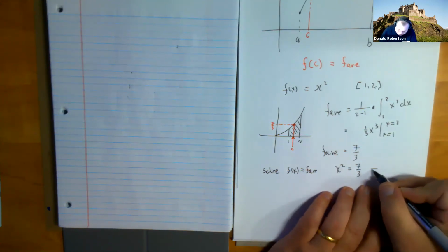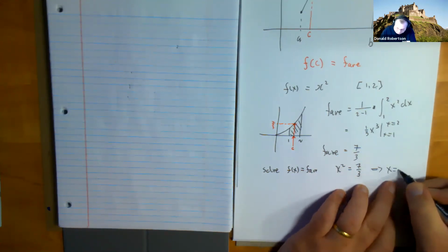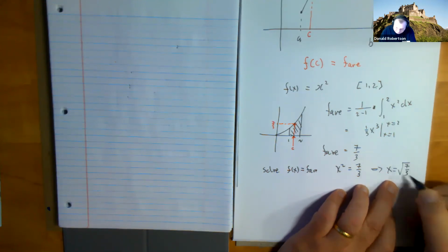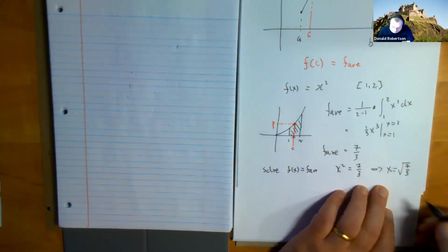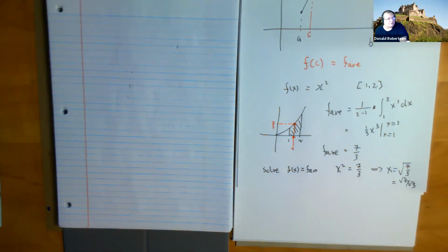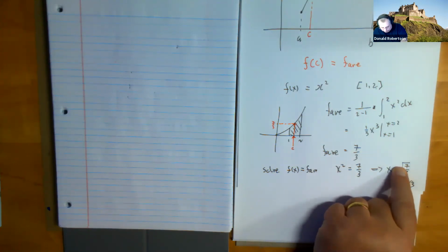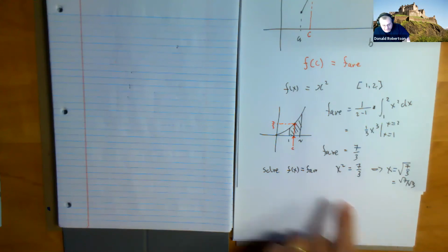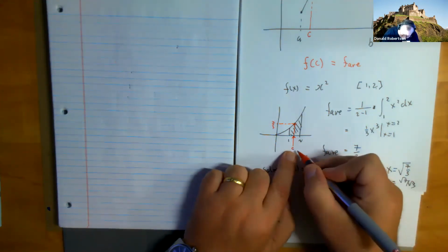In this case, won't the x coordinate just be the square root of 7/3? Which I guess I could try and make pretty, but I'm not going to do a good job of it, right?